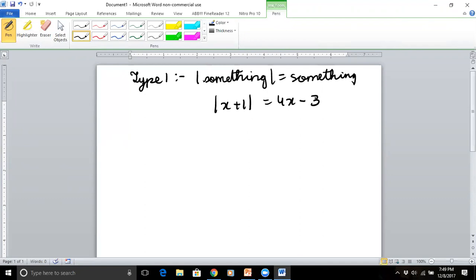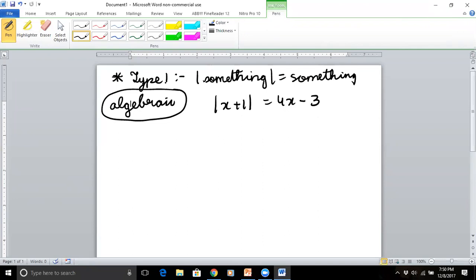Now before I ask you to work this out, whenever I encounter a question which falls in the bucket of type 1, I would always prefer to use the algebraic approach of solving the mod. I told you there are 2 approaches to solve the mod. Don't be rigid in your approach and say, I'm going to only solve modulus using algebra, or only using the number line.